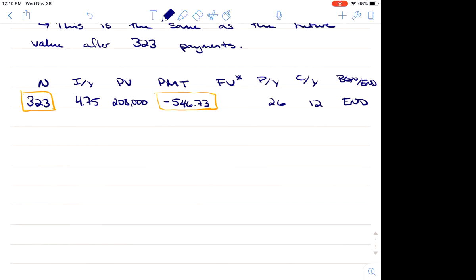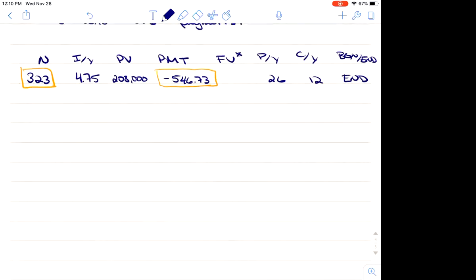So 323 N. If you're brave, you wouldn't have to fill in any of these ones that stay the same, but I'm not that brave. I always just go back and fill them in again. Present value, 546.73 negative for the payment. 0 for future value. Payments per year, compoundings per year, good to go. Compute future value. I find that the future value is 134,546.1137.